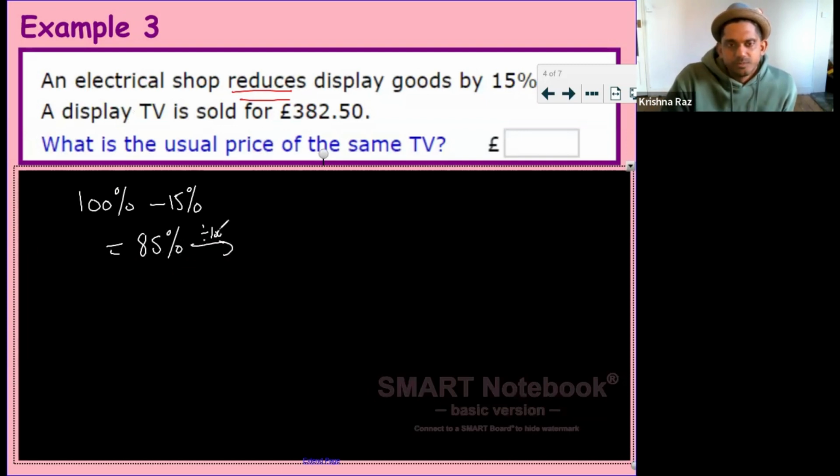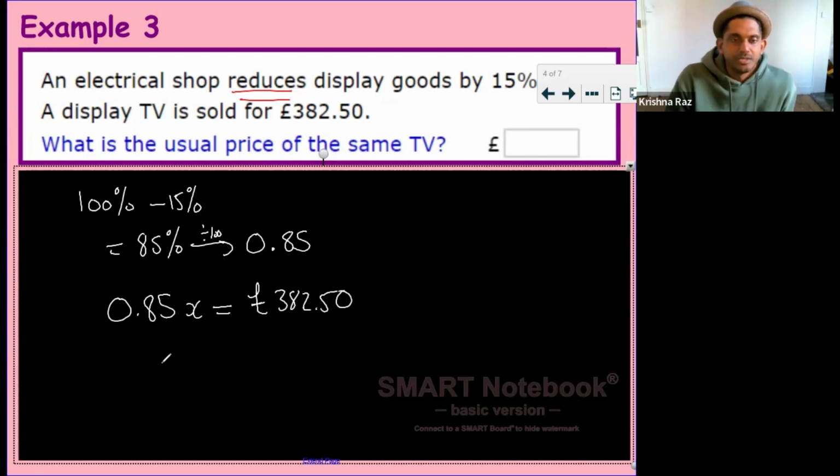85% as a decimal. It is 0.85. So we know 0.85 times by the original equals £382.50. What is the opposite of times by 0.85?